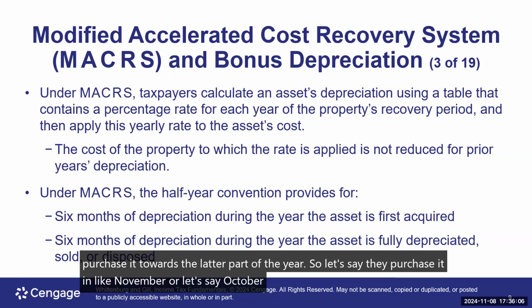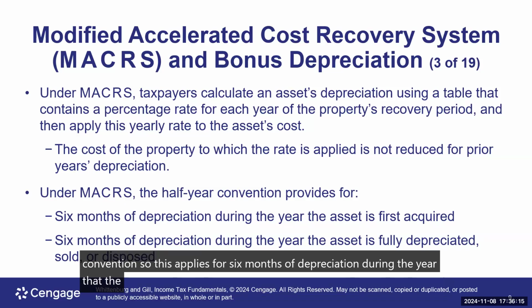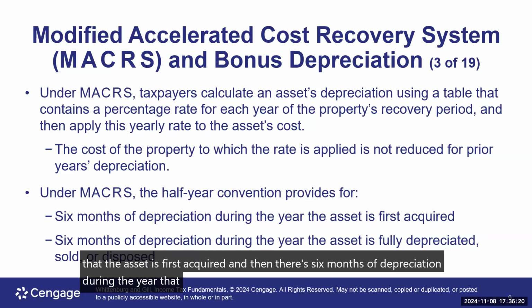We have this half-year convention, which applies 6 months of depreciation during the year that the asset is first acquired, and then 6 months of depreciation during the year that the asset is fully depreciated, sold, or disposed of, because obviously Uncle Sam doesn't play that.